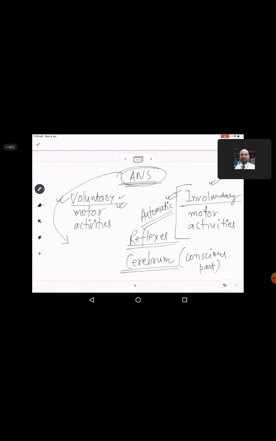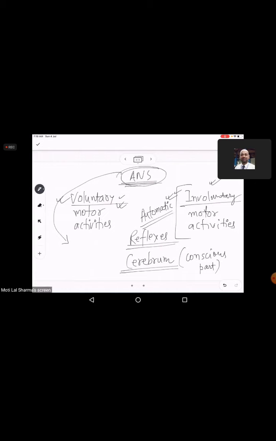Another example is secretion of saliva in your oral cavity, or shedding tears from your tear glands. These activities are not under your conscious control. They happen automatically, and all your automatic motor activities especially are controlled by the autonomic nervous system.